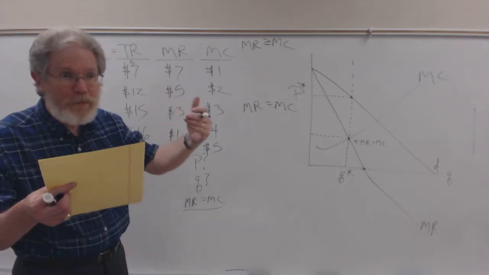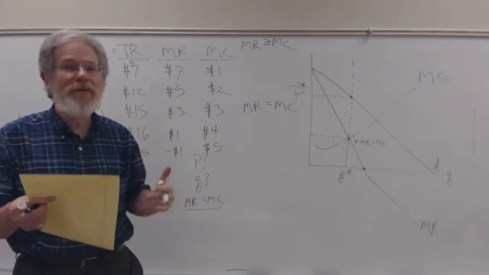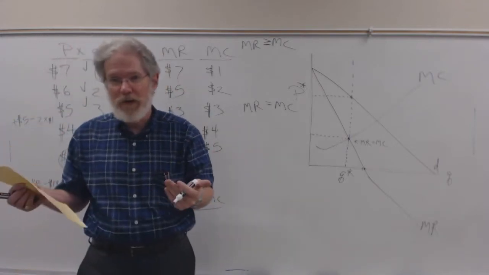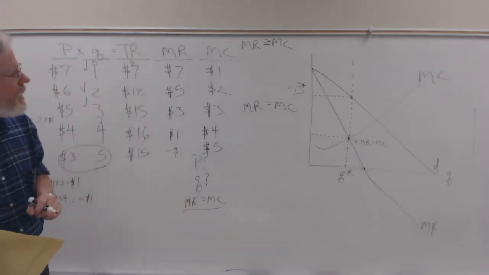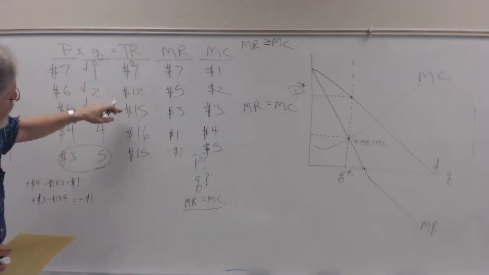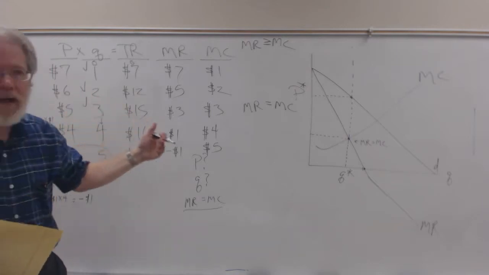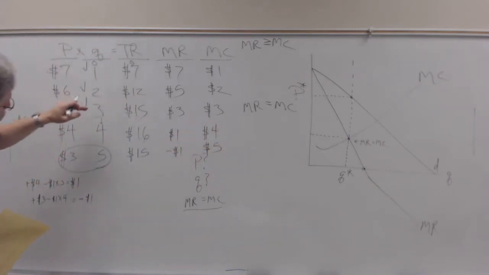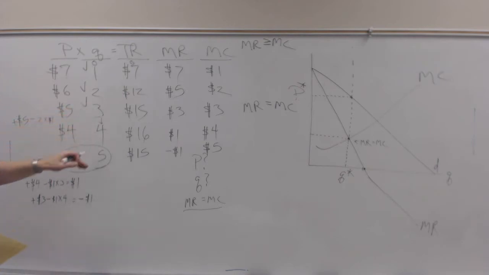Our convention is to say if he's indifferent, he'll go ahead and produce it. It doesn't really matter. The important thing is that every unit prior to that one did add to his profit, and every unit beyond this one is going to decrease his profit.